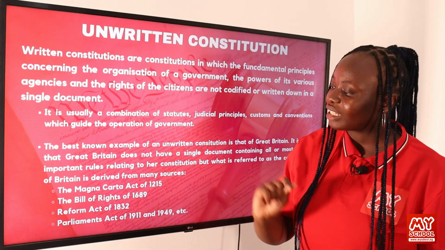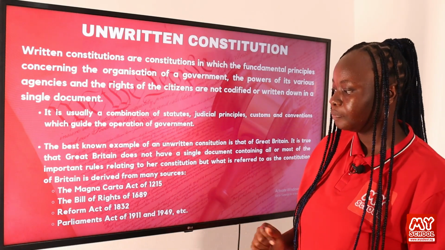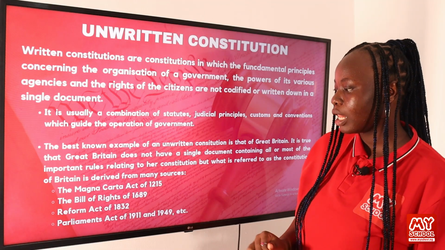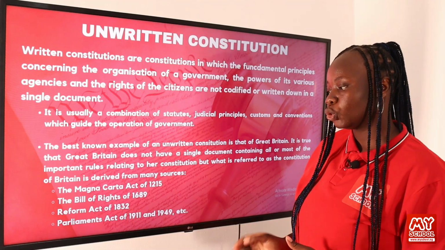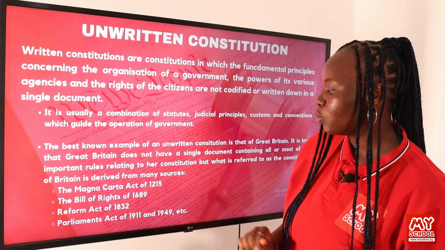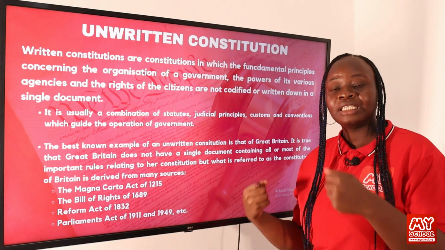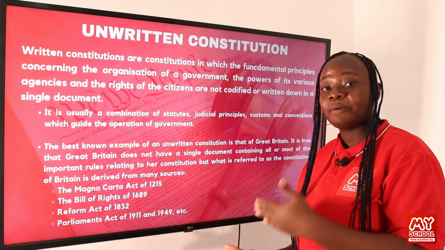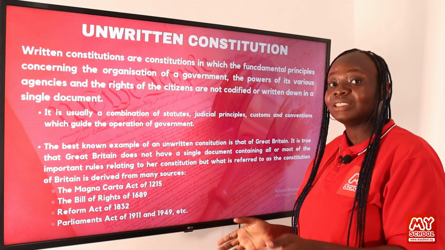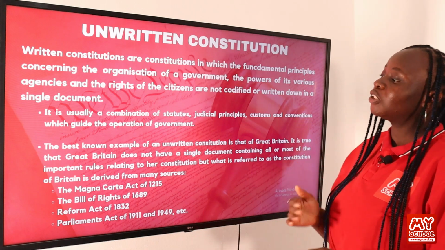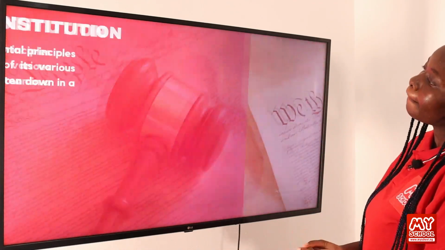So we have the Magna Carta of 1215, the Bill of Rights of 1689, the Reform Act of 1832, and the Parliament Act of 1911 and 1949. So all of these are what guides the government in the exercise of their power, as well as the citizens of the country.